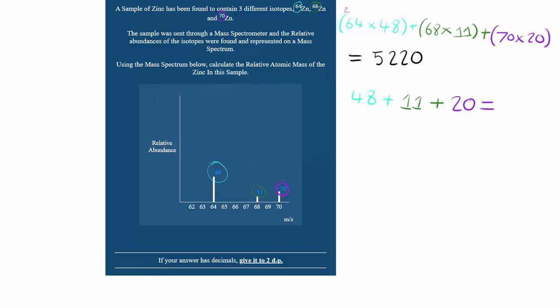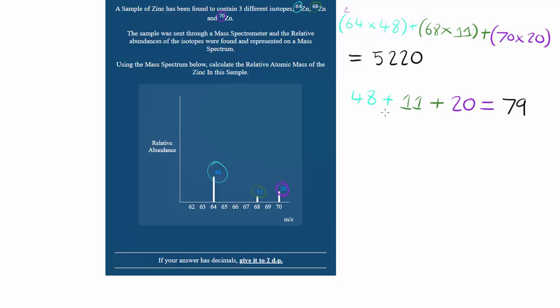Is it 100? It won't be 100 in this case. What we get is actually 79. And this is one of the reasons why it's so important to check, because with relative abundances, you're not always going to have them add up to 100.